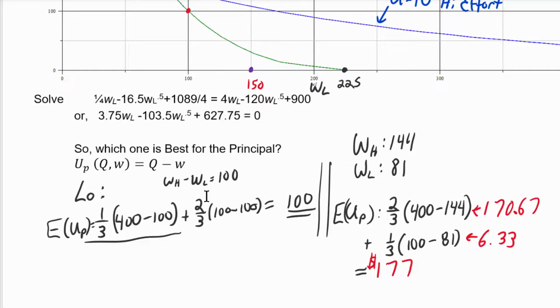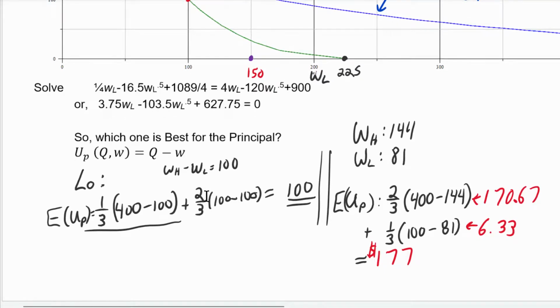So the best choice for the principal is to hire the agent, offer him the high wage package, and our expected profit would be 177. So let's just compare real quickly what's going on, discuss, and then I'll show you the math behind solving for that solution. In the case where we can't observe the effort, we're going to have to pay a higher wage when we observe high output, a lower wage when we observe the low output, and our expected profit is $177.